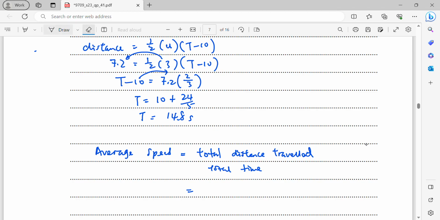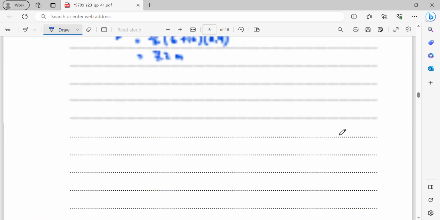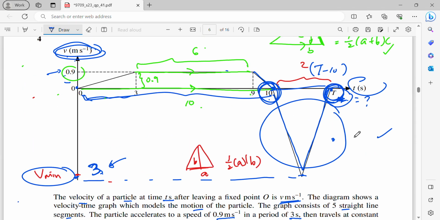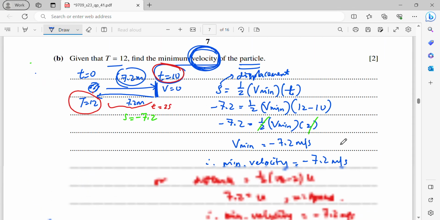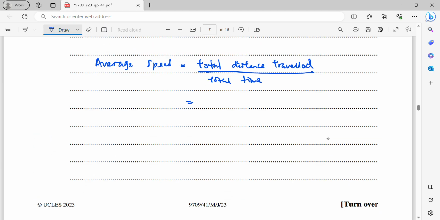From here we know that one way is 7.2 meters. Since this is two ways, you go there 7.2 and go back also 7.2. So now our total distance here is going to be 7.2 plus 7.2 meters.